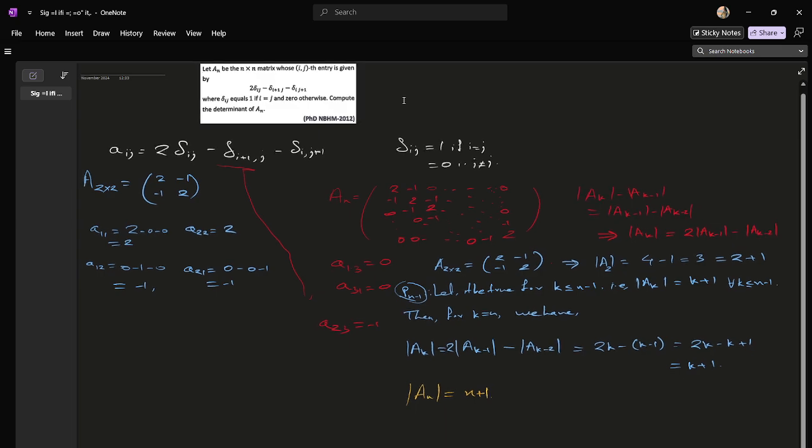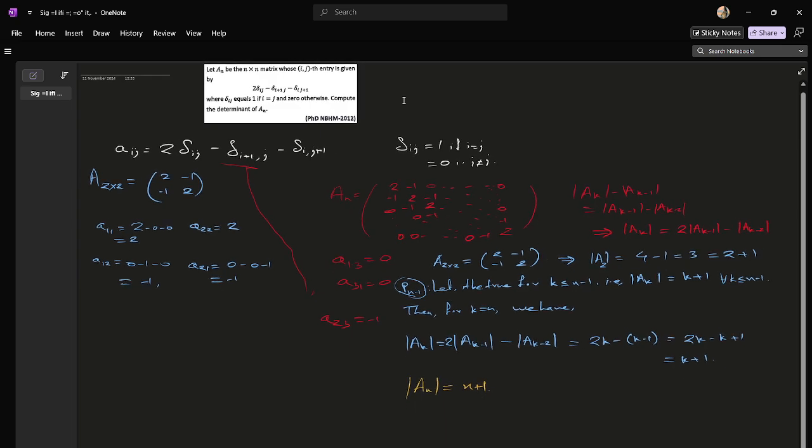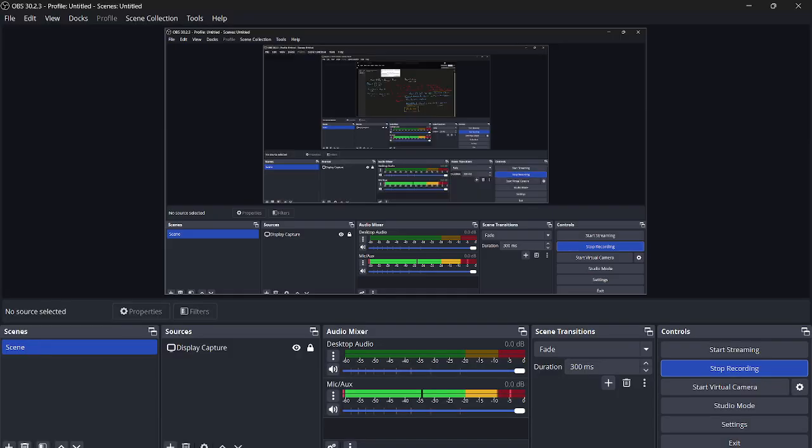We used the Laplace expansion twice in this question. So the correct answer of this question is n plus 1.